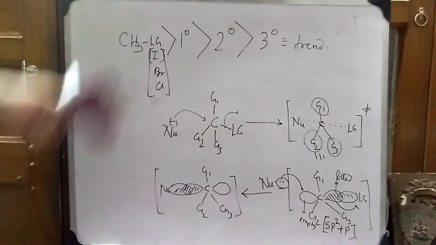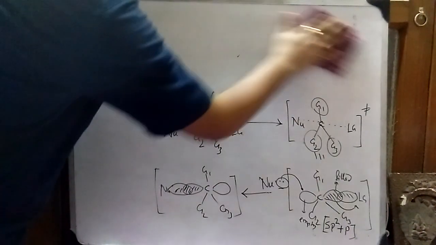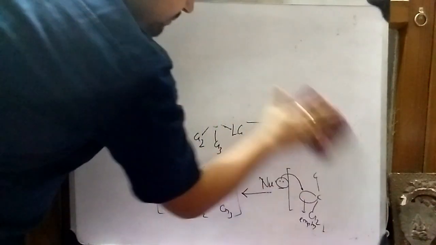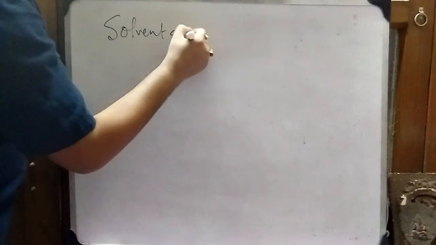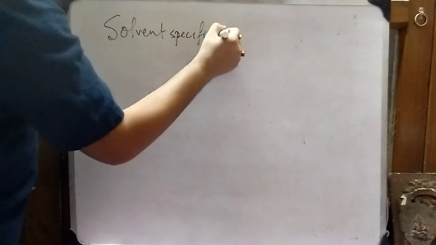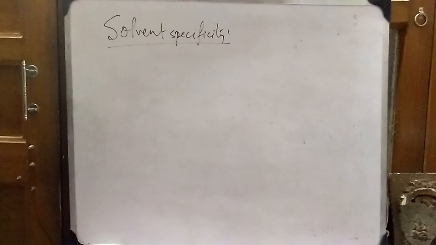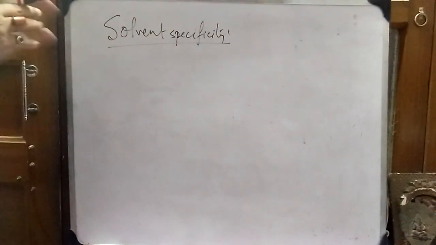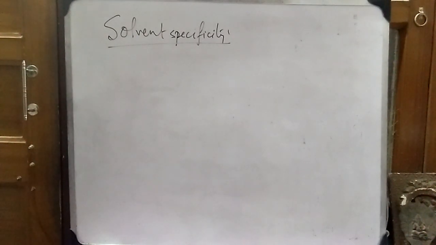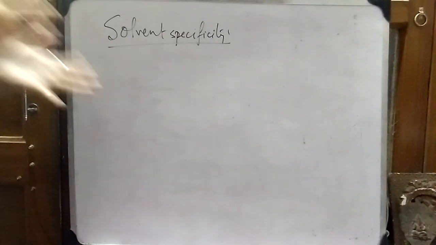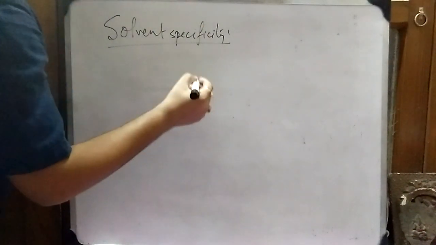Now let us come back to the solvent part. Solvent system is a very important thing, as the reaction process involves solvent specificity. The solvent specificity should be taken into consideration, given that some amount of positive charge is produced, very finite, a delta positive.